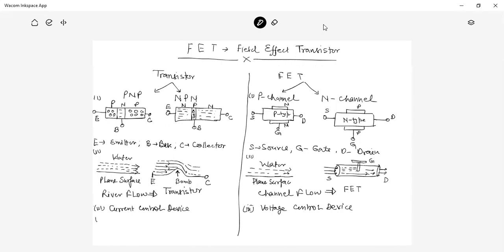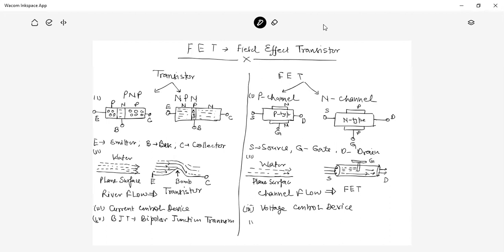This is also called BJT. B stands for bipolar. Bipolar means bipolar junction. Bipolar junction transistor.